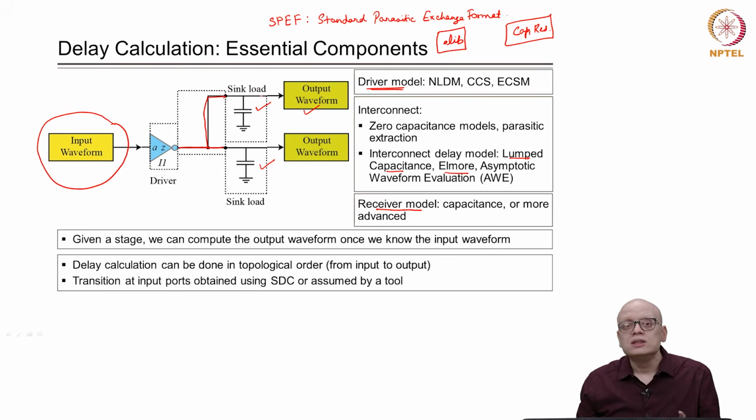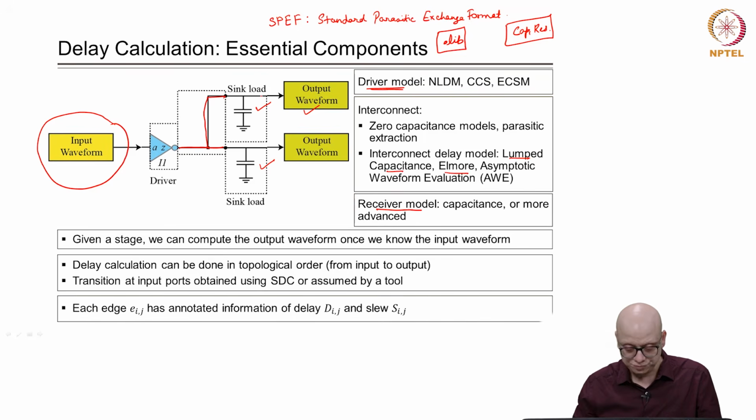So, this is how the delay calculation for a stage, for a timing arc, is done, and that delay is annotated on the timing graph, so that it can be easily used in the subsequent stages of the timing analysis.